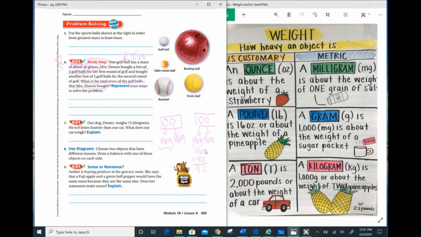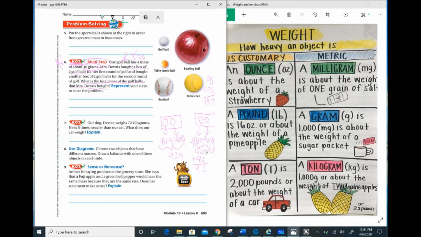So I know right here she had 92. And right here she also had 92 grams. Now I need to add that 92 plus the 92. So 92 plus 92. 2 plus 2 equals 4. 9 plus 9 equals 18. So the total is 184 grams.